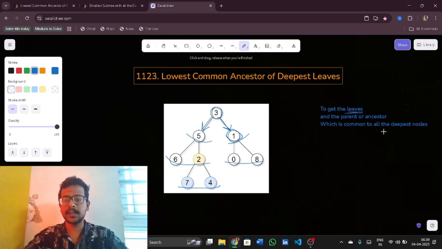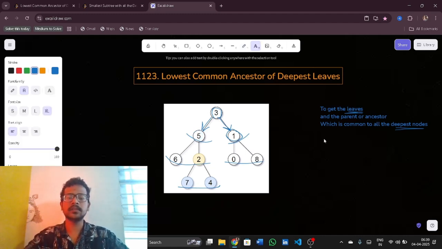The deepest leaf nodes will be in the subtree which has more depth, right? This one has 3 and this one has 2. So if I go here, I don't find the deepest leaves. That's why I don't go there. I would go rather to the deepest subtree. Now, that's my first intuition.